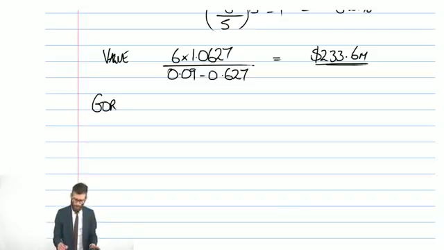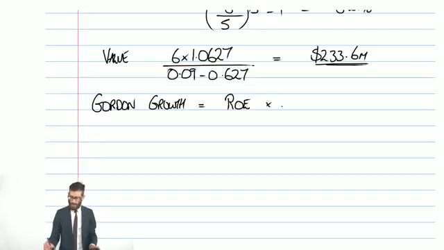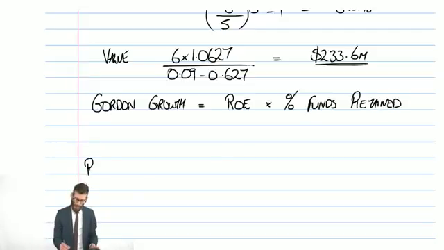Now, Gordon's growth, what this requires is for us to find the return on equity and multiply it by the percentage of funds retained. Now, the return on equity equals the earnings divided by the equity book value.